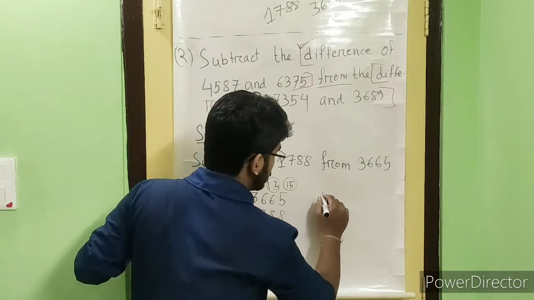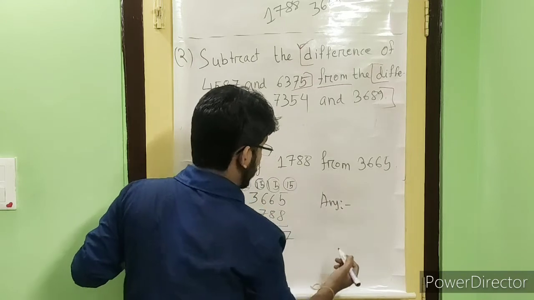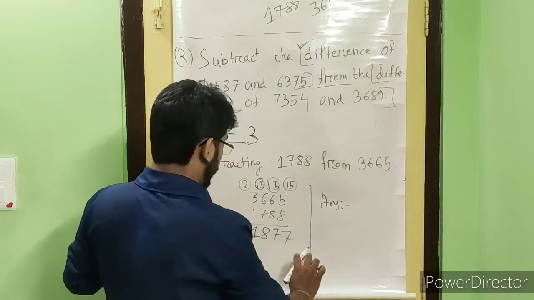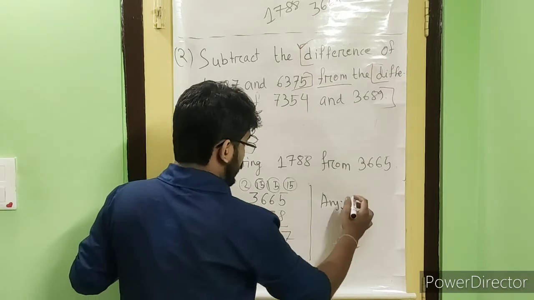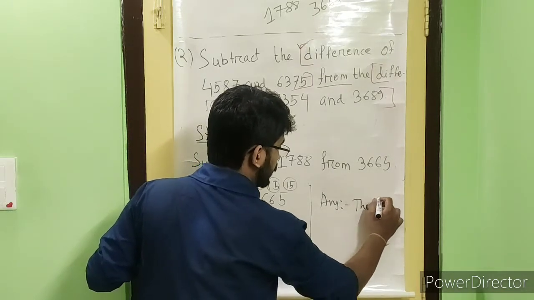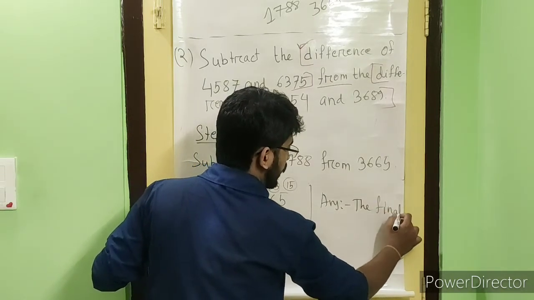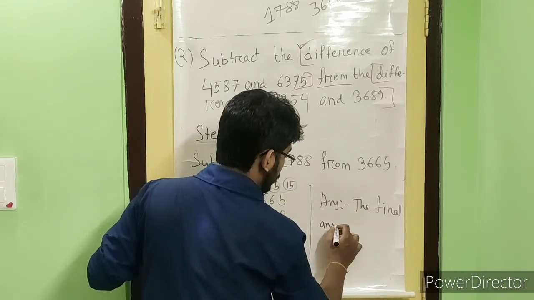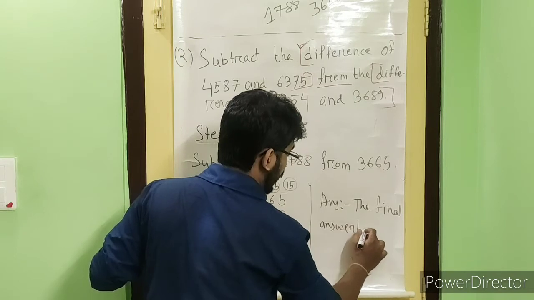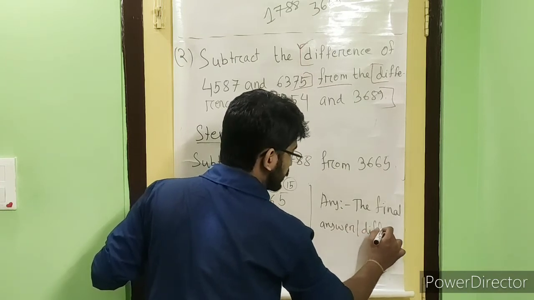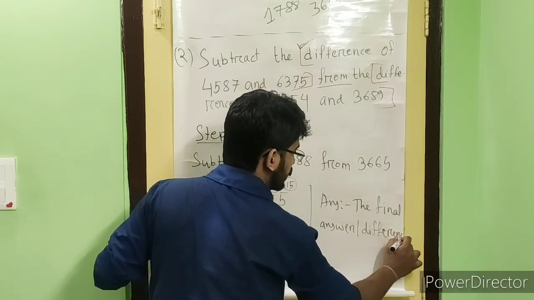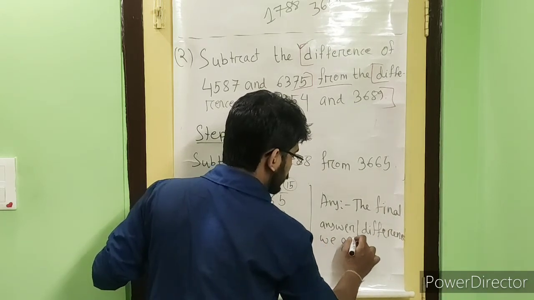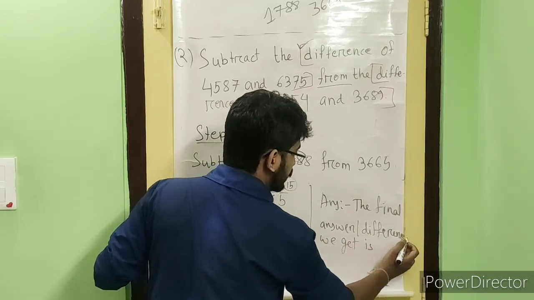I'm writing here because the camera range may not cover the lower portion. Answer. The final answer or the final difference we get is equals to 1877.